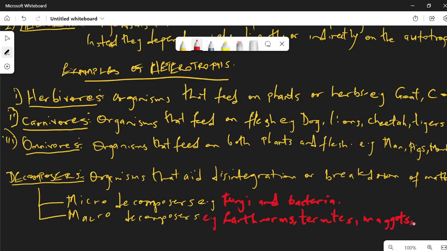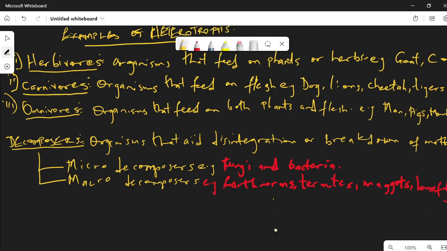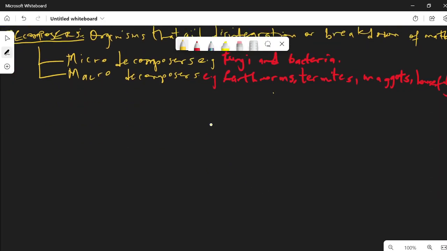So yes, we can call a snail a macro decomposer. We have house flies as other examples of the macro decomposers. Are we together? Yes, sir.